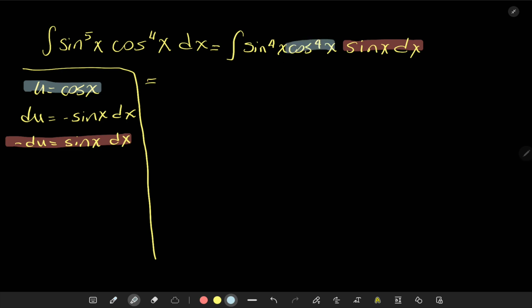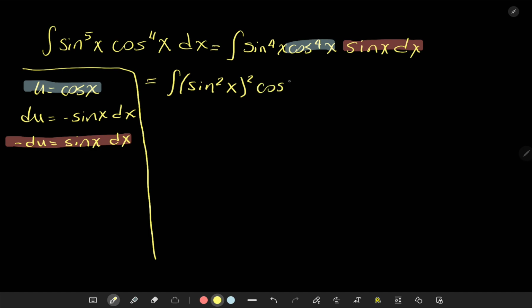So you see I have a sine to an even power. How do I address it? Well, I want to turn it into a sine squared somehow, because the sine squared I can substitute with 1 minus cosine squared. Remember, when you have the power of a power, the exponents multiply, so 2 times 2 is 4. So I'm just going to write that as sine squared, squared. Cosine to the fourth, I have no problem.